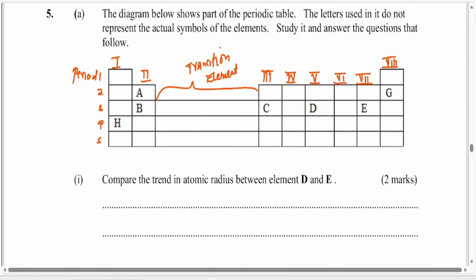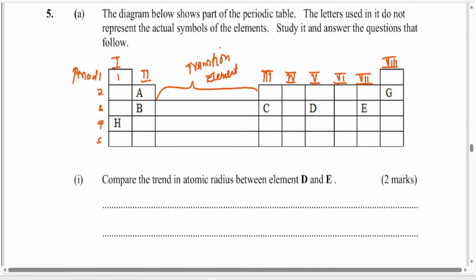Compare the first question. Compare the trend in atomic radius between element D and E. Learners, you can begin by trying to place or position the elements based on the number of protons.